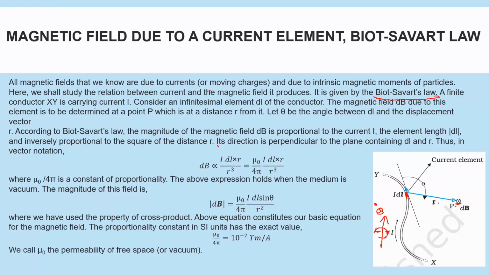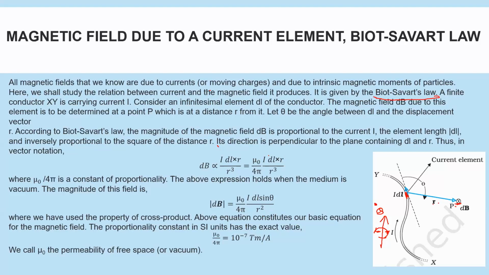Now over here, since we said this is proportional, we need a constant of proportionality, which can be given as mu 0 by 4 pi. In normal notation you can write this as mu 0 by 4 pi IDL sine theta by r square.